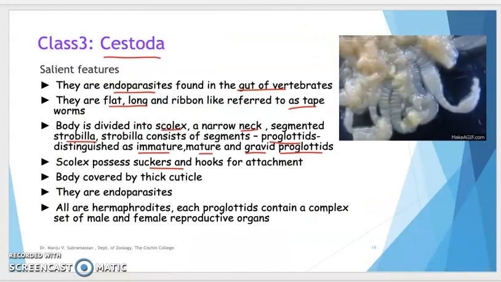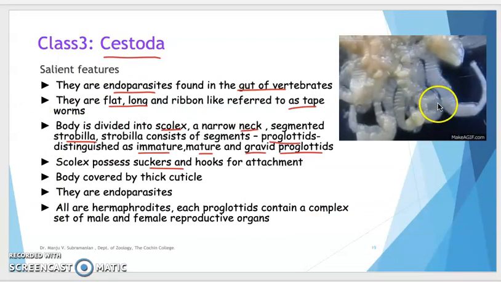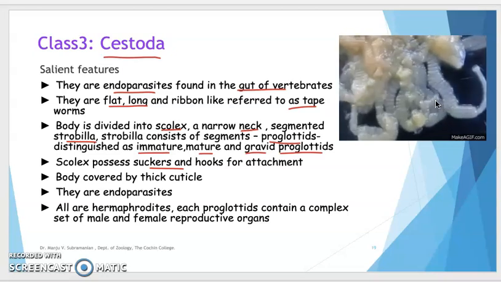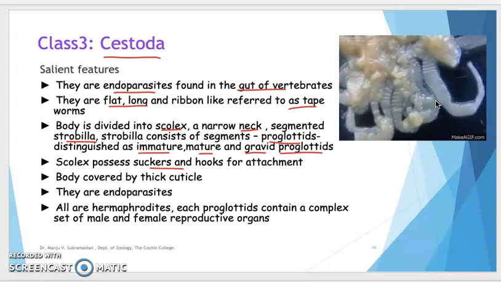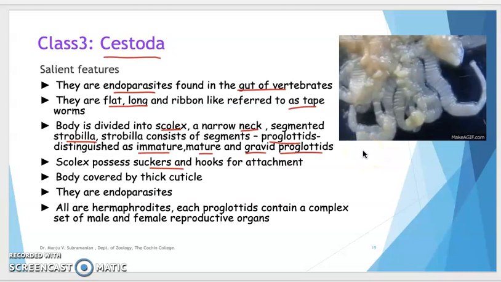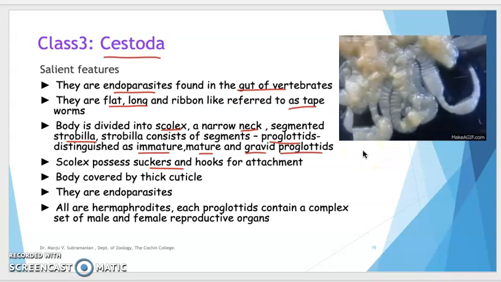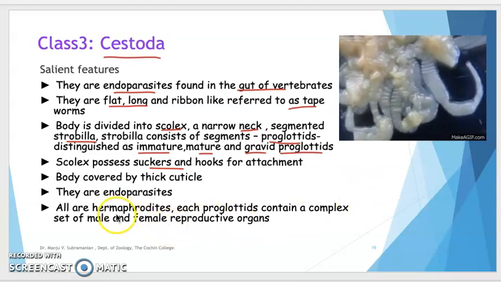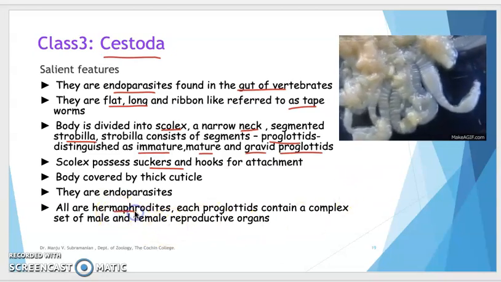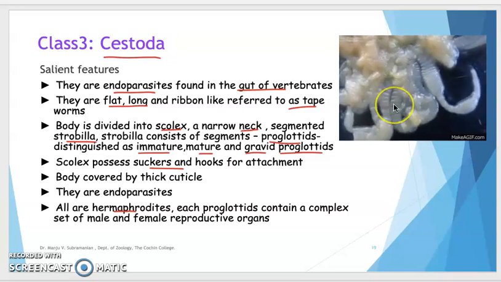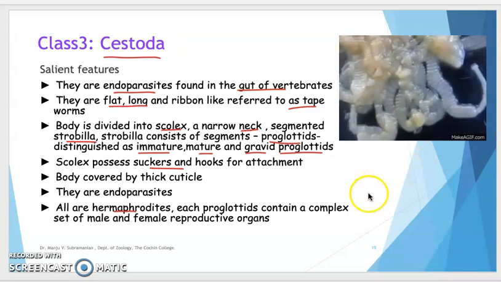Then the body is covered with a thick cuticle, and they are endoparasites as mentioned. All are hermaphrodite, that is each proglottid contains a complex set of male and female reproductive organs. So once again this class Cestoda is hermaphrodite, that is male and female reproductive structures are seen in the same individual or organism.